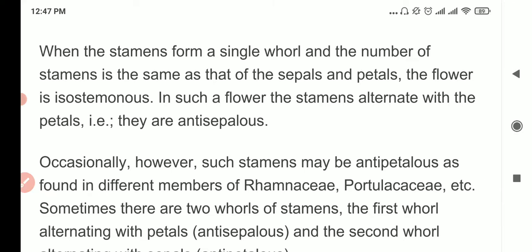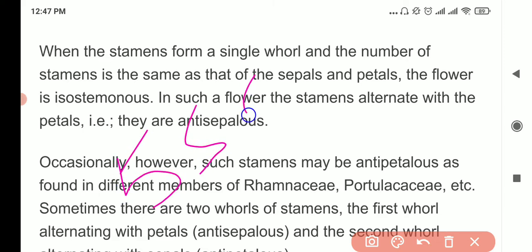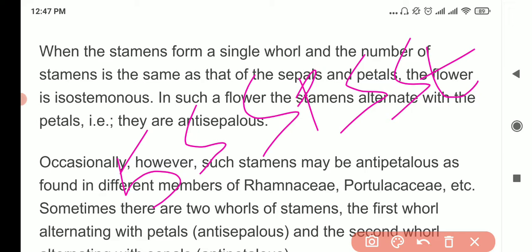When the stamens form a single whorl, all of them are in the same plane, and the number of stamens is the same as that of the sepals and petals. For example, if there are 5 sepals, 5 petals, 5 stamens, then we call them isostemonous. Iso means same.